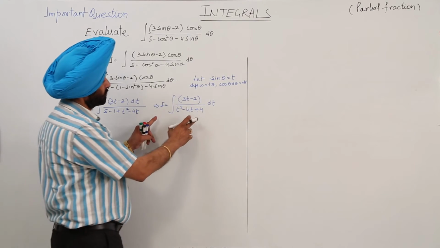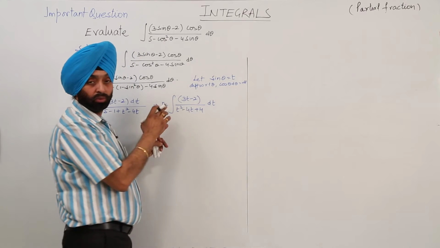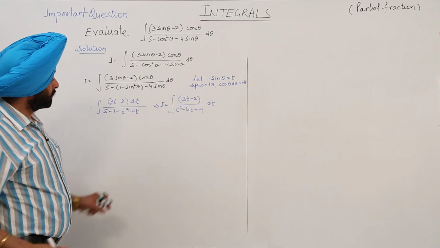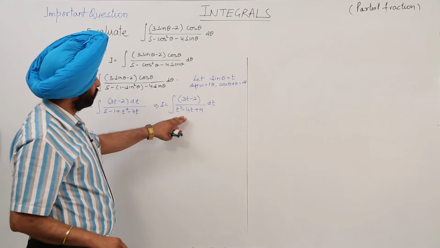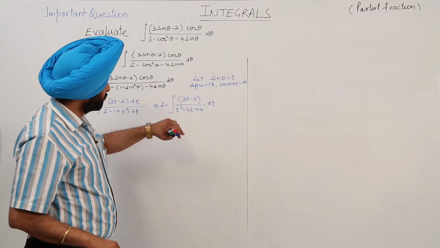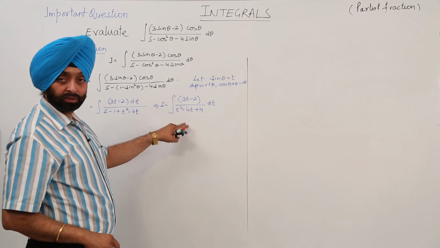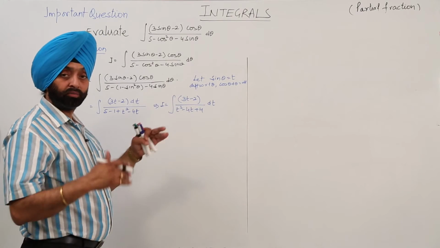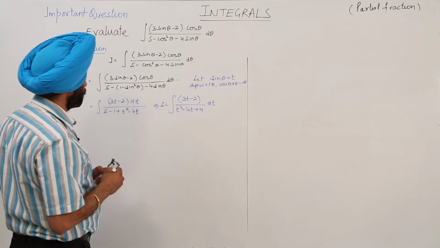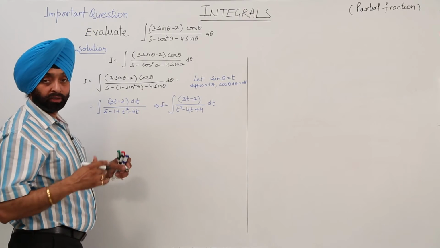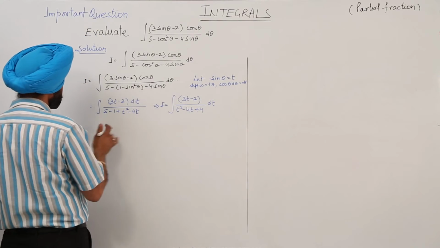Now for this part we can go for two different methods. Number one is, if we can make the factors of the denominator, then we can move for the partial fraction. If we can't make the factors, then we can apply the formula px plus q is equal to a d by dx of the denominator plus b. So let's try it now.